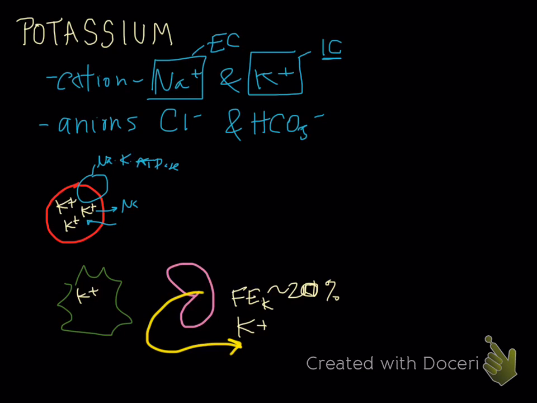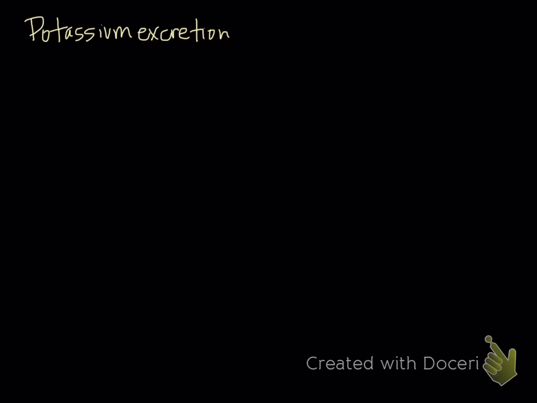So potassium excretion is determined by a few things, and I'm going to go through those now because it's going to relate to why we see differences when we look at alterations in potassium. One of them is the flow rate in the kidney, and I think this can be a confusing concept.